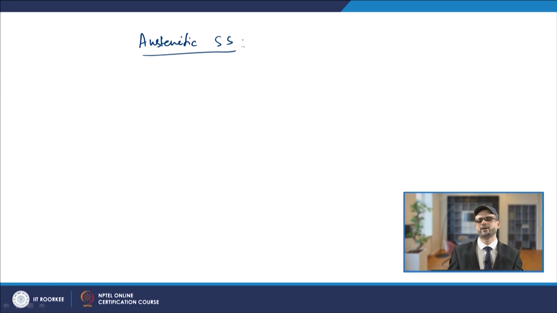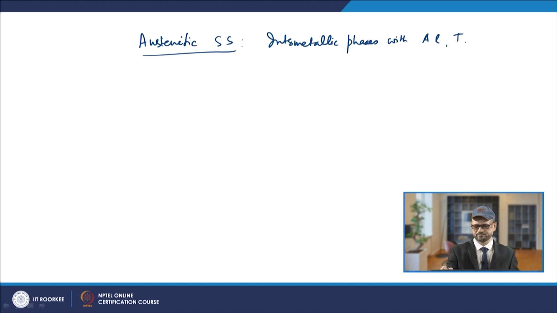So even in austenitic stainless steel, they are subjected to precipitation hardening with the formation of intermetallic phases, with materials like aluminum, titanium or phosphorus.